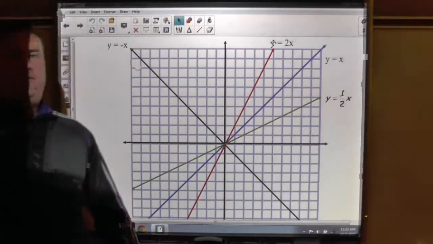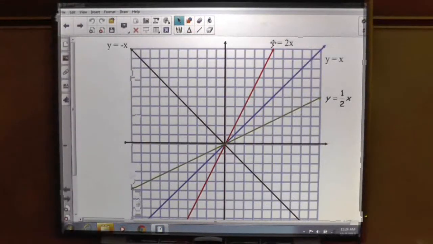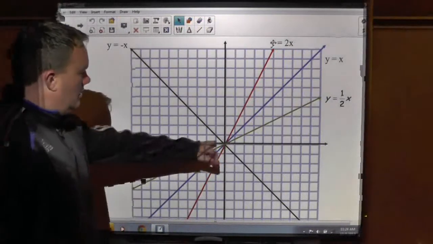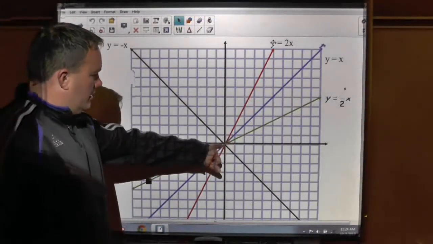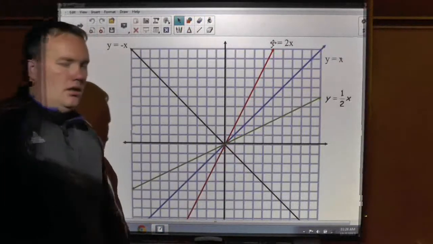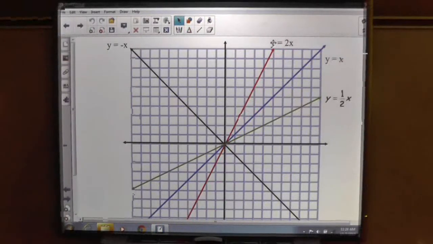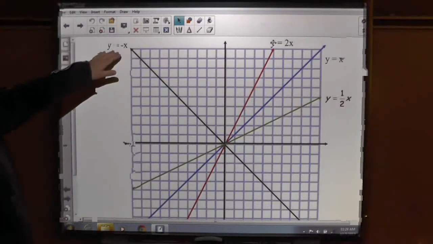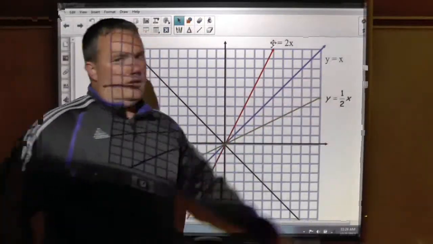Now compare it to the parent function, the one in blue, y equals x. Think about the steepness of the line. This one goes up 1, to the right 1, and this one goes down 1, to the right 1. The steepness of those 2 lines is exactly the same. They're both 1 unit. The only difference is this one decreases while this one increases.